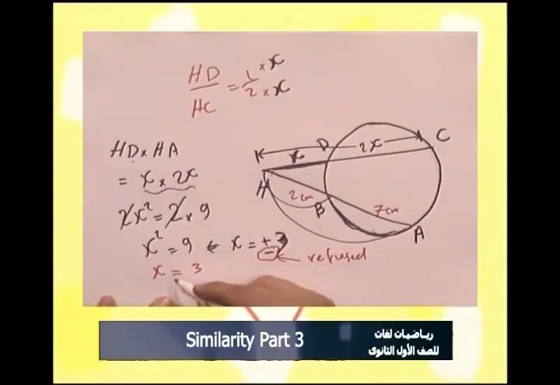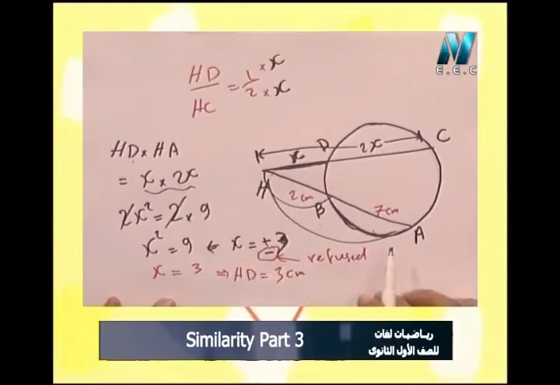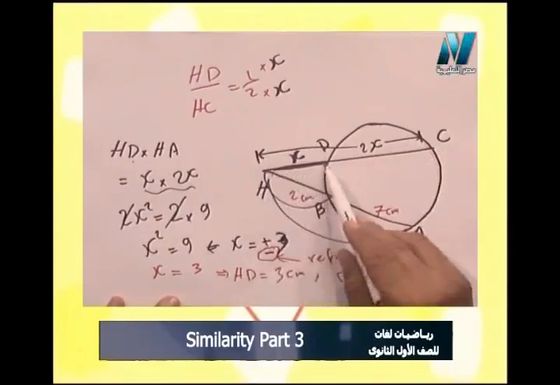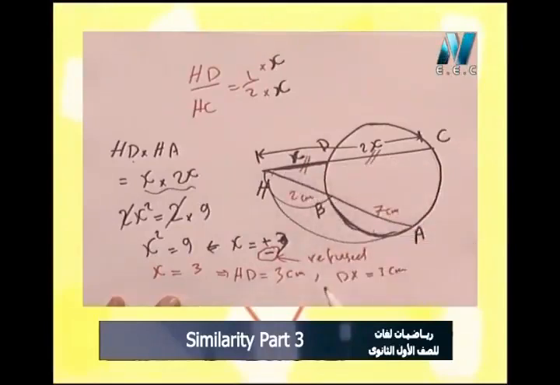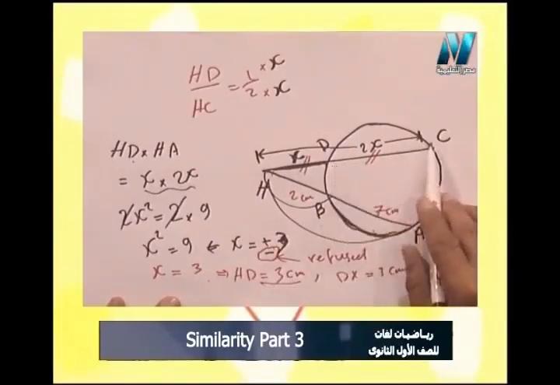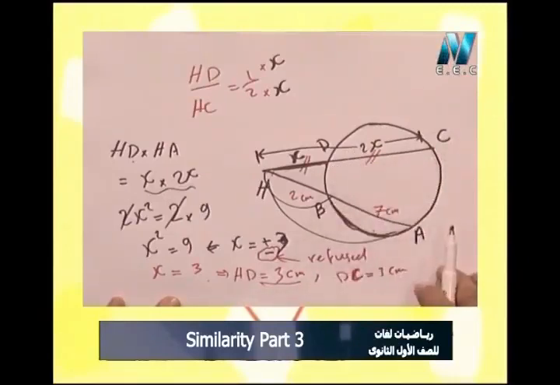So HD here, which is x, equals 3 centimeters, and DC also equals 3 centimeters. Why? Because if HC equals 2x and this part HD equals x, then theoretically all of them will be equal. So HD equals x, which is 3 centimeters, yes, and DC equals 3 centimeters. Okay.